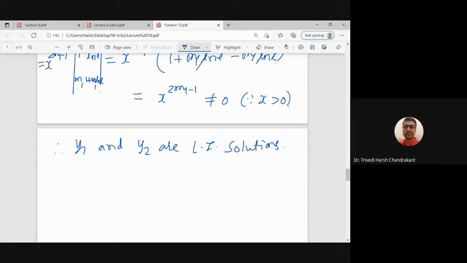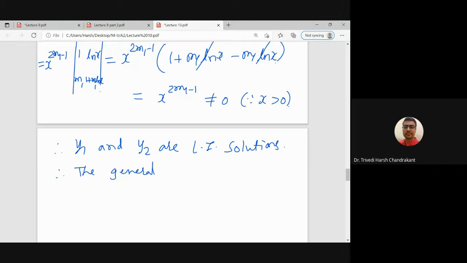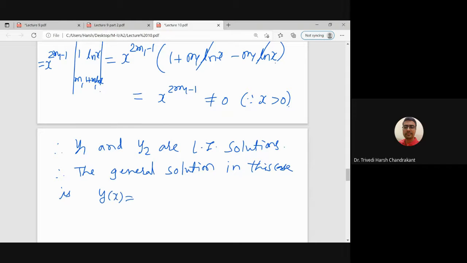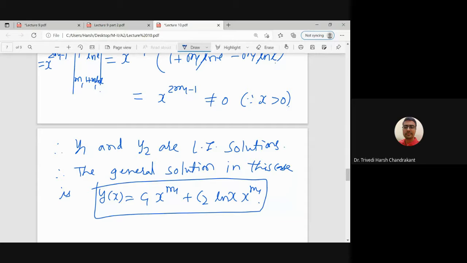And so therefore the general solution in this case is y of x is equal to c1 y1 plus c2 y2. So whenever we have repeated roots of the Euler-Cauchy homogeneous equation, the general solution is this one.